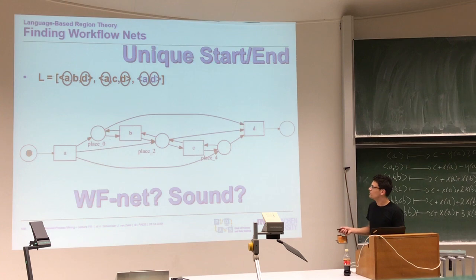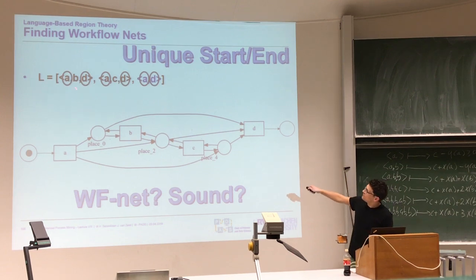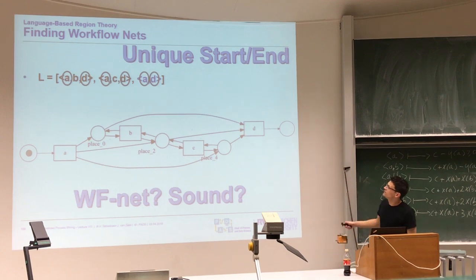And I basically know that if I fire A, I can do some stuff here, and then eventually I finish with D. So still this Petri net is severely underfitting, but I created a workflow net, which is actually sound. And this, in principle, holds for any event log that has unique start and unique end activities when we apply this minor technique.